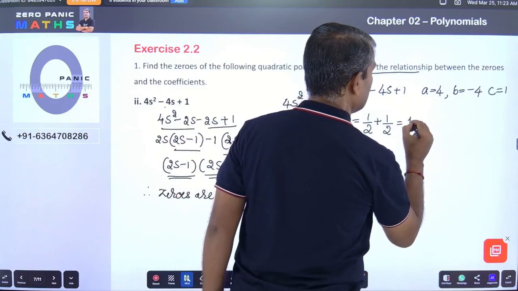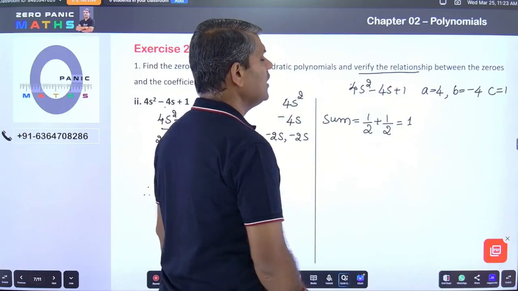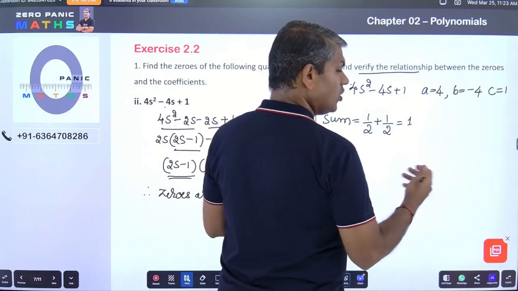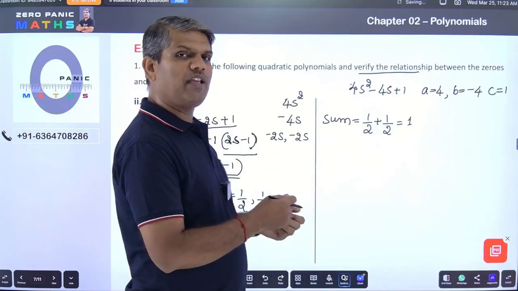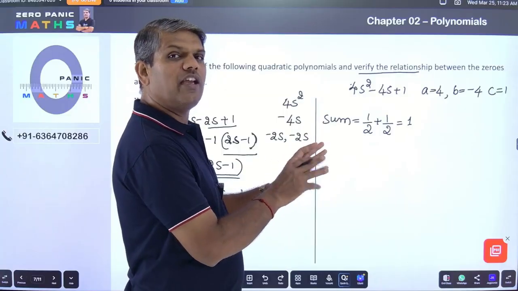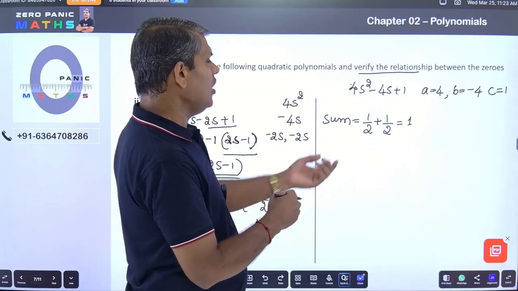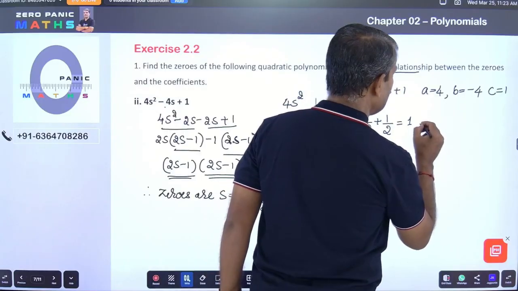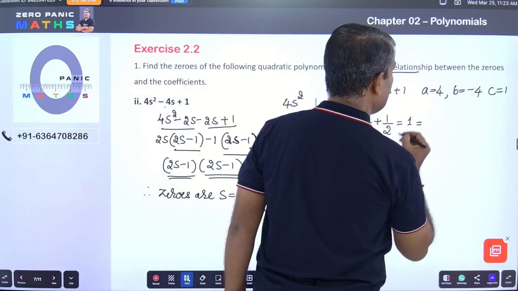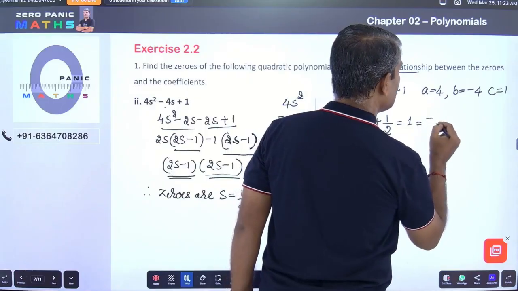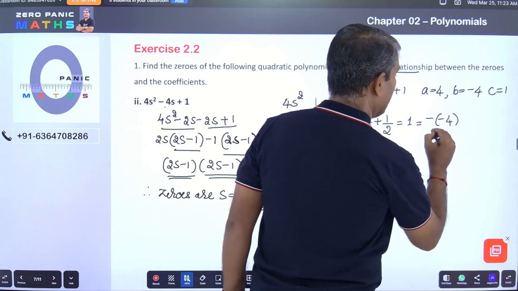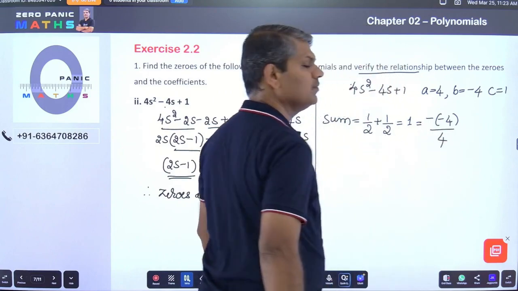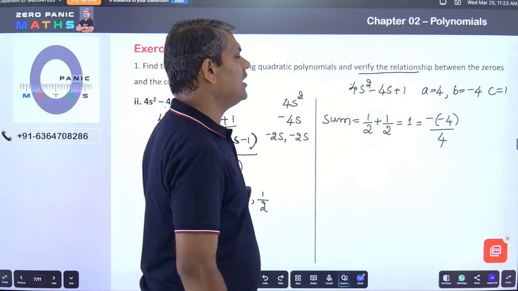It is 1. Okay. Now I just want to prove that this sum actually comes up to minus b by a. So I need to modify this 1 in such a way that it comes up to minus b by a. So plus 1, can I write minus of minus 4 divided by 4? You see what adjustment I made?